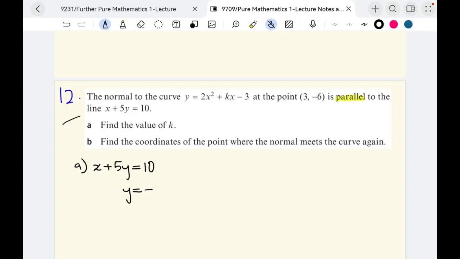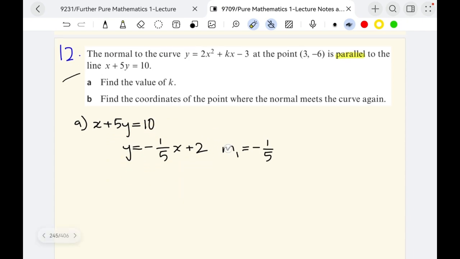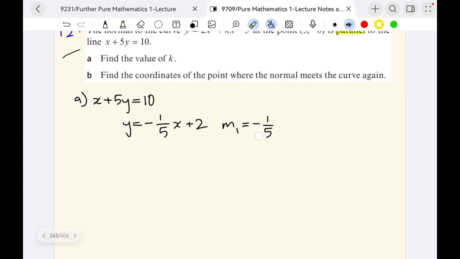You will get y equals negative 1 over 5 x plus 2. So what you can observe is the gradient of this line, we can label it as m1 is equal to negative 1 over 5.